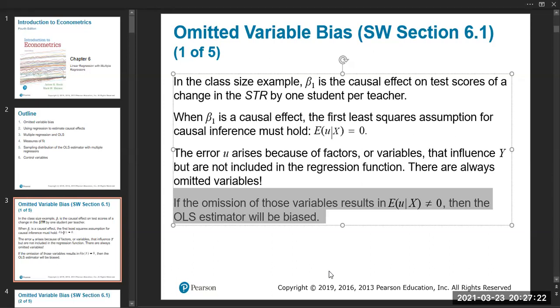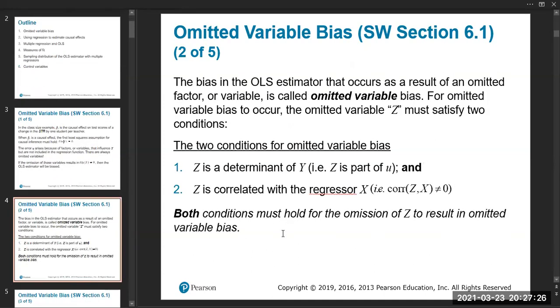So let's take a look at how we define omitted variable bias. The bias in the OLS estimator that occurs as a result of an omitted variable is called omitted variable bias, or omitted factor bias.